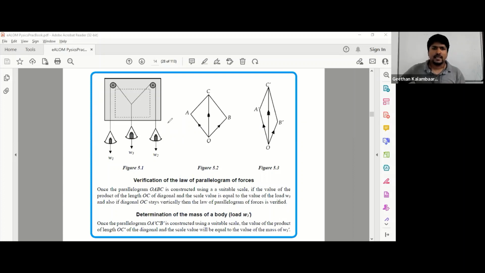First thing is that before attaching these strings on the apparatus, you can just push the pulley a little bit, and make it rotate, and you can observe whether it comes to a stop quickly, or whether it rotates for a long time period.